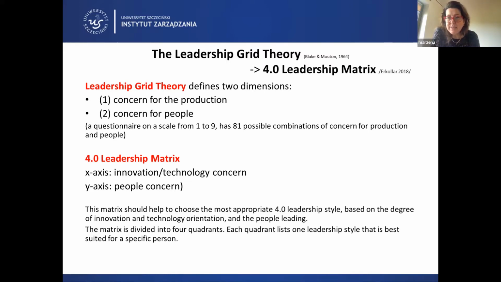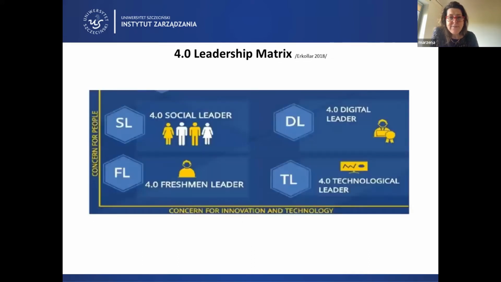And based on this leadership grid theory, a 4.0 leadership matrix was developed, where we also have two dimensions: concern for innovation and technology, and concern for the people. So next slide, please. And we will have this matrix.